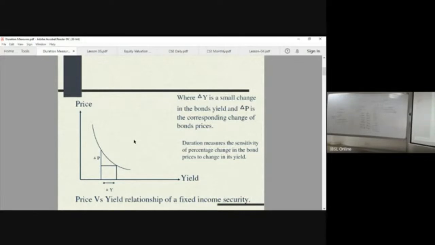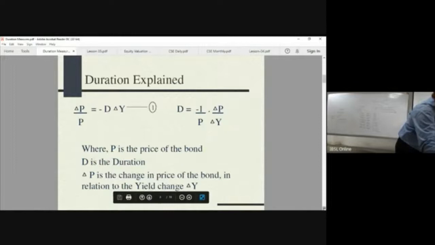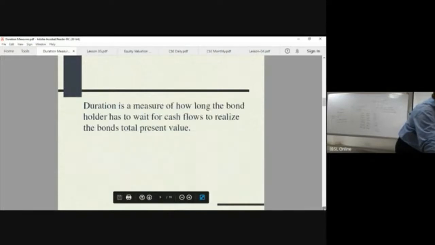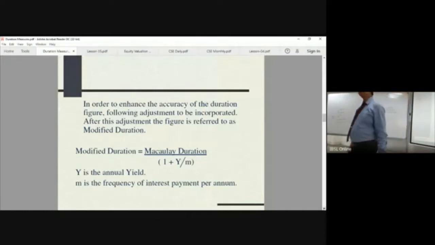Modified duration is the Macaulay duration divided by one plus y over m. It is in the slides. What do you mean by that? Y is the annual yield, m is the frequency of interest payment per annum.